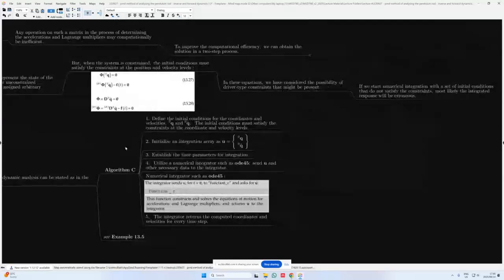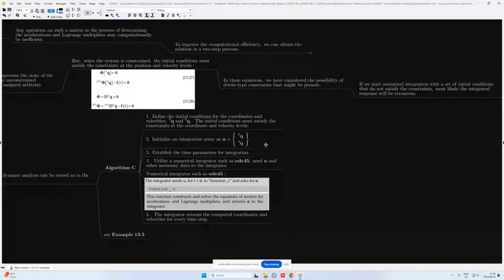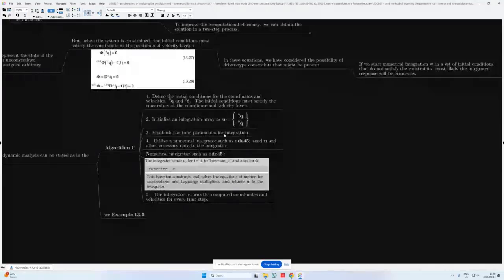So what we first need is initial conditions for the coordinates and the velocities. The initial conditions must satisfy the constraints at the coordinate and velocity levels. We then initialize our integration array as U, which is then Q naught and Q dot naught. We establish the time parameters for integration, and we utilize a numerical integrator such as ODE45.